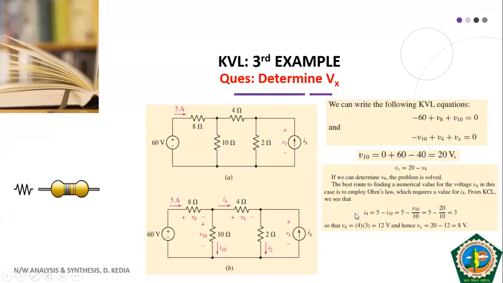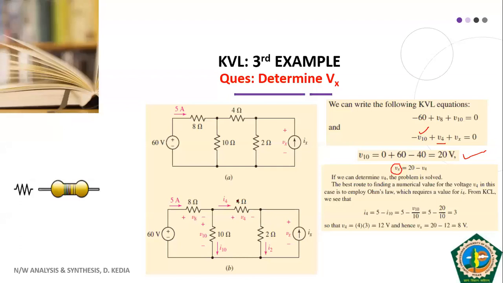Yes, sir. Fine. Now after obtaining the value of V10, we need to find the value of Vx. How can we do that? You can see we have V10 available. Now we need to find V4.